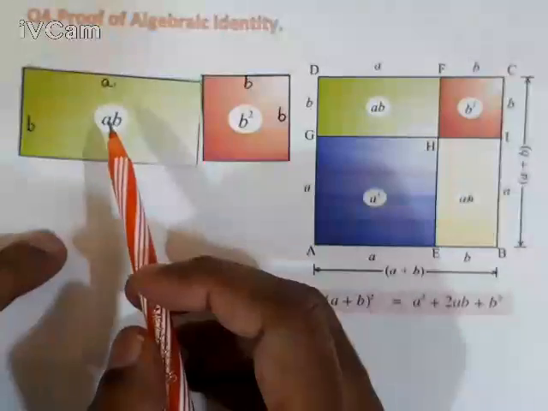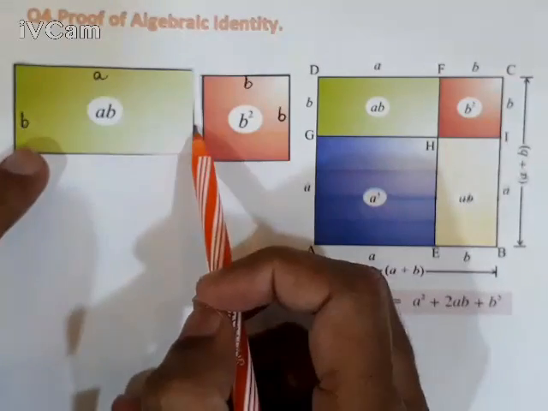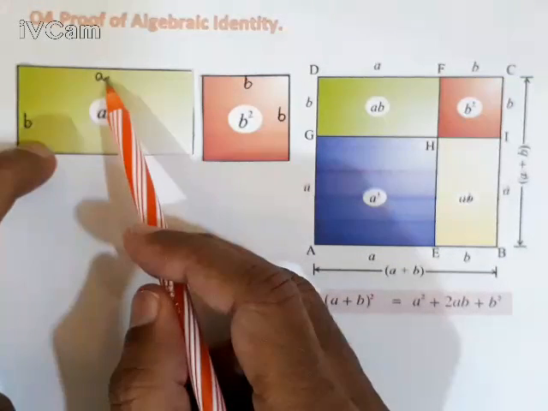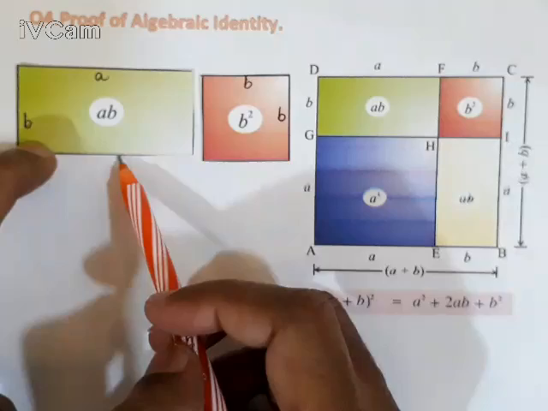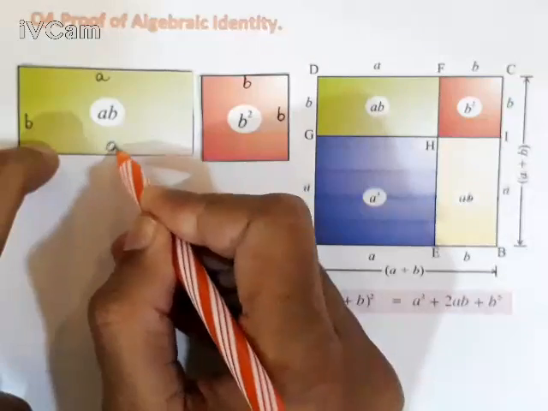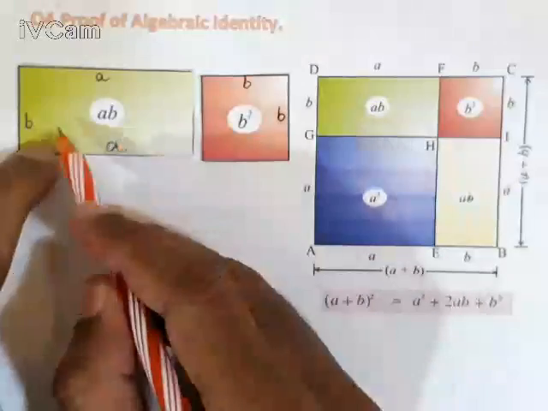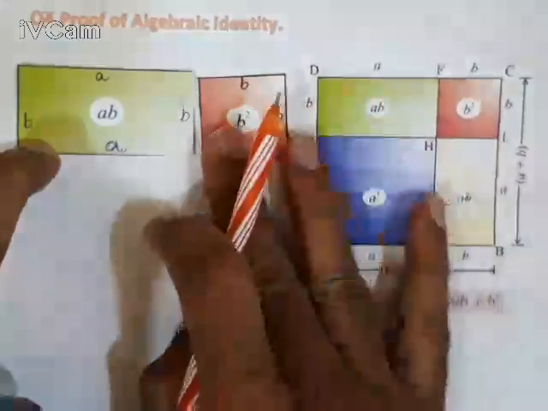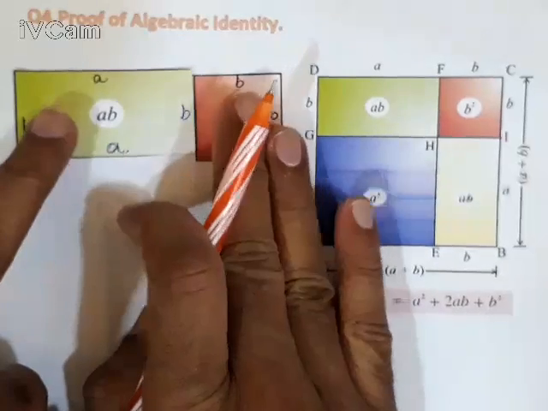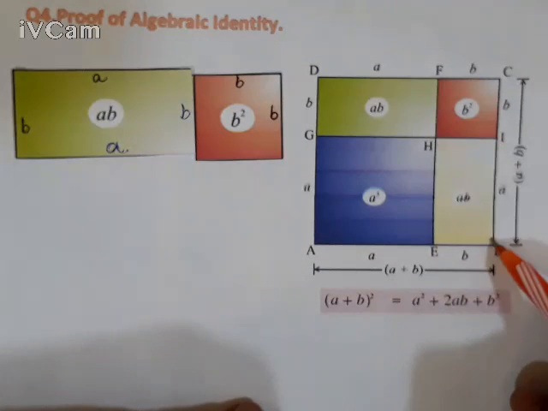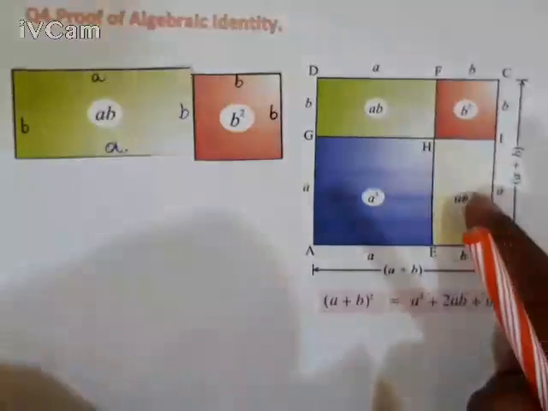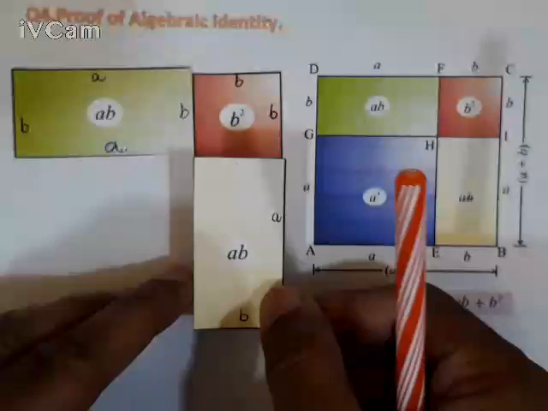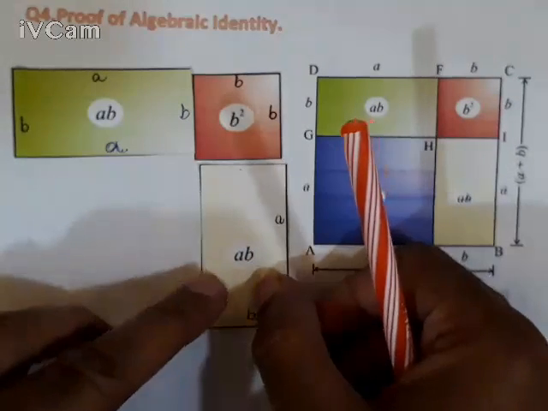Due to the property of a rectangle we know that opposite sides are the same. So if it is a, this one is also a, and if it is b, this one is also b. Now the third one is also a rectangle. When we cut this rectangle, we will paste it over here.